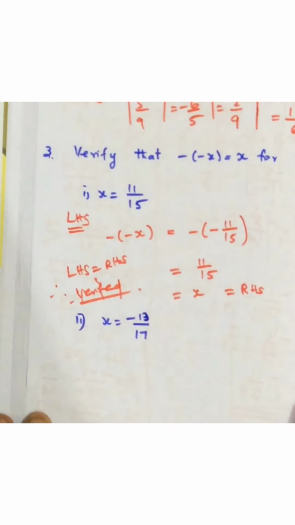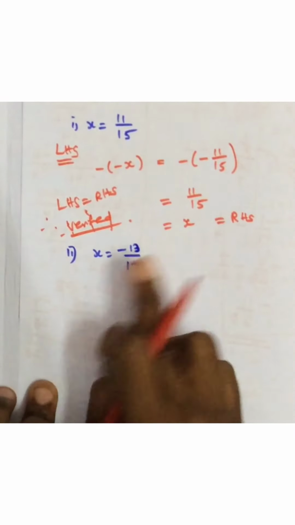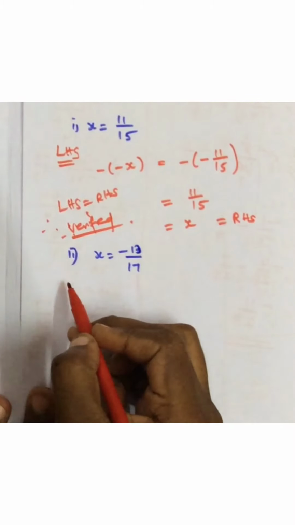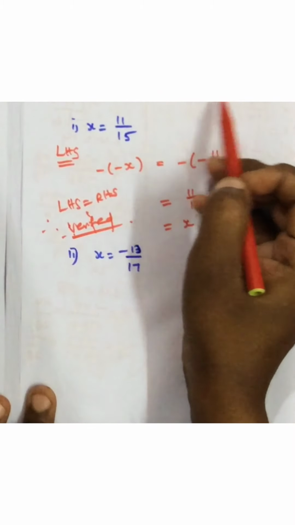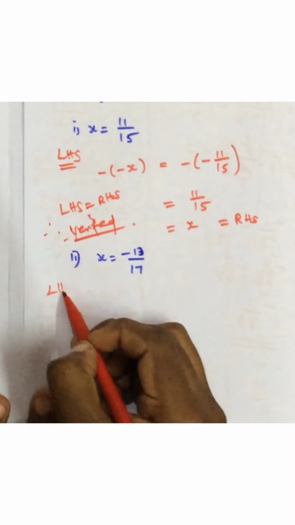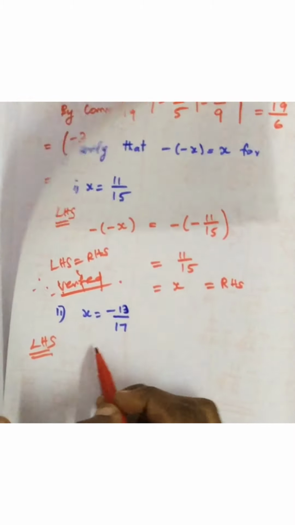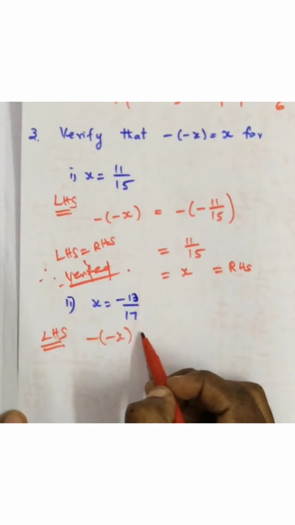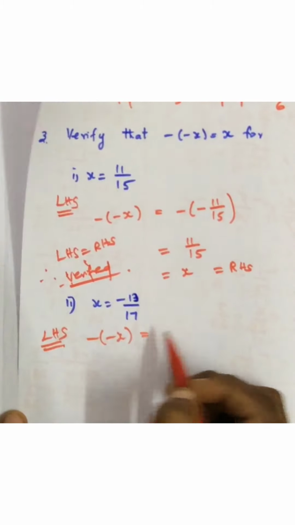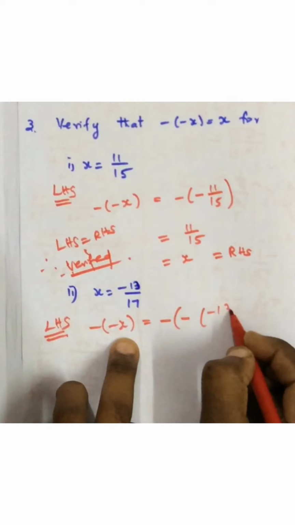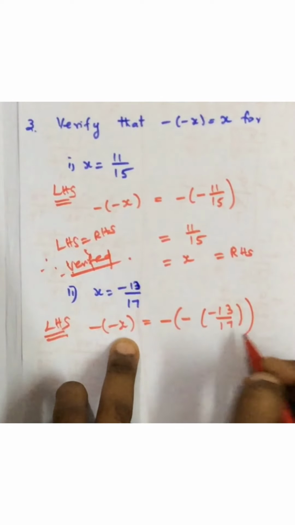It's very simple. The next one is x equals minus 13 by 17. We have to prove that minus of minus x equals x. So you will start with the left hand side, minus of minus x. What is x? x is minus 13 by 17.